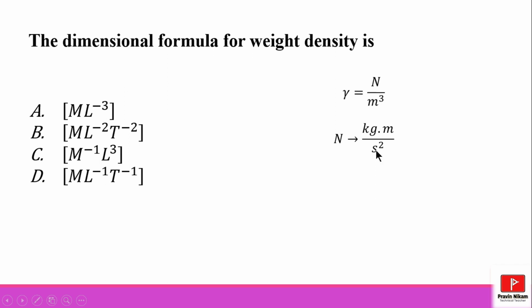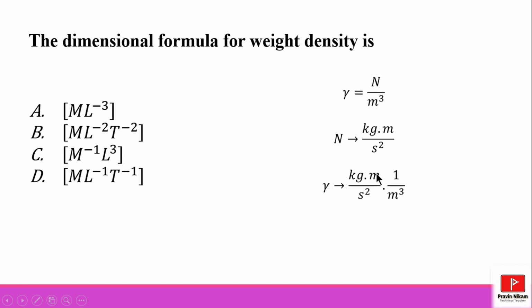That is called Newton. Now at the place of Newton put this kg meter per second square, into 1 upon meter cube.